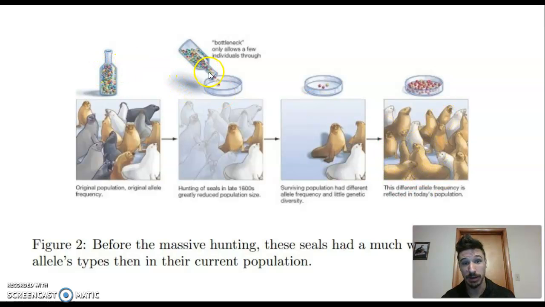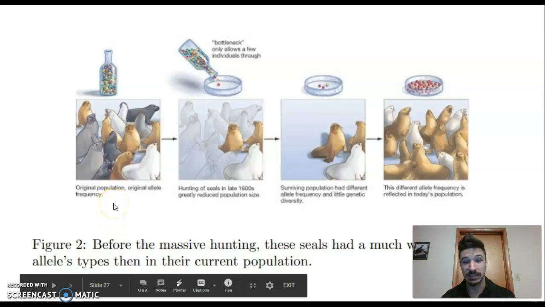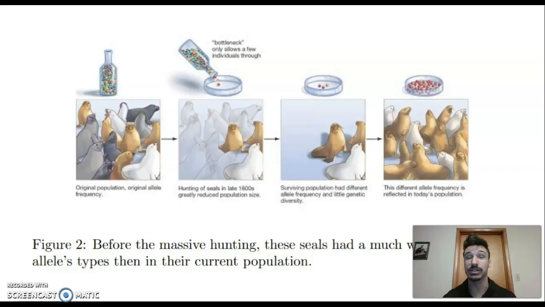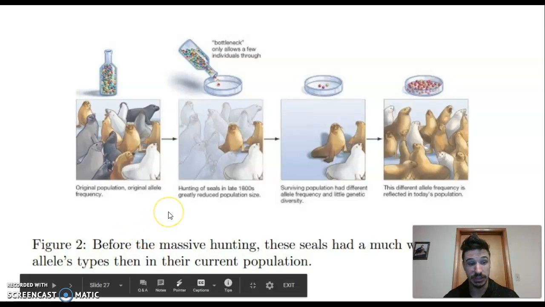All right, and then up top above here, you can see I'm actually using a bottle to represent the bottleneck effect. Okay, so basically before massive hunting, these seals had a much wider range of diversity, which we know genetic diversity is so important for any population of organisms. But then in their current population, because of the hunting, because of the reduction of allele frequency in the surviving members, the population today has a lower amount of genetic diversity.